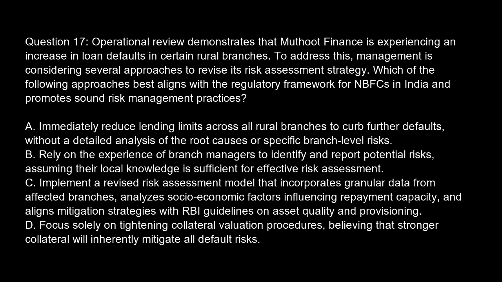Option C. Implement a revised risk assessment model that incorporates granular data from affected branches, analyzes socioeconomic factors influencing repayment capacity, and aligns mitigation strategies with RBI guidelines on asset quality and provisioning. Option D. Focus solely on tightening collateral valuation procedures, believing that stronger collateral will inherently mitigate all default risks.